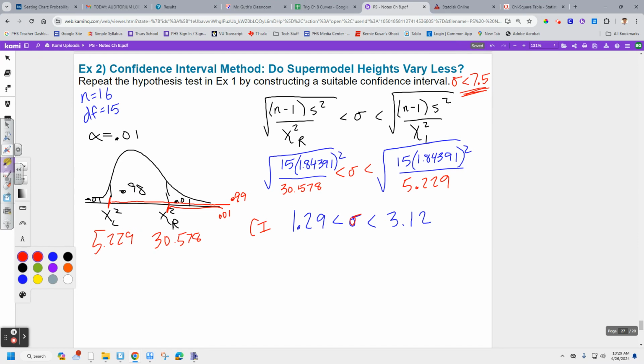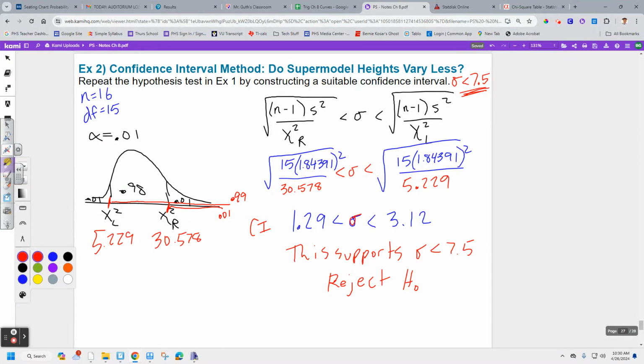So knowing that, this supports sigma being less than 7.5. We're going to reject the null statement. Remember, the null statement was that it was equals, right?